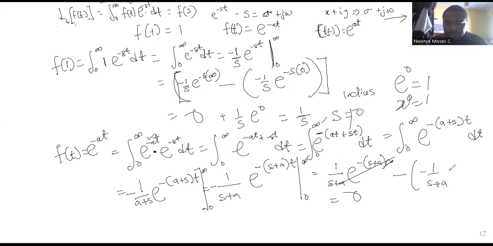So we have exponential minus s plus a, then we have t, right? So this particular part, instead of t now, I'm going to put 0. The first one, I put infinity over here. The second one, we're going to put 0. So my minus and minus is going to go away. So I have 1 all over s plus a.